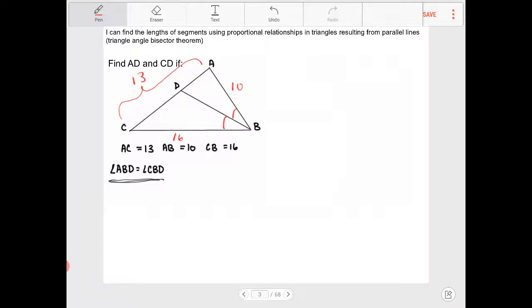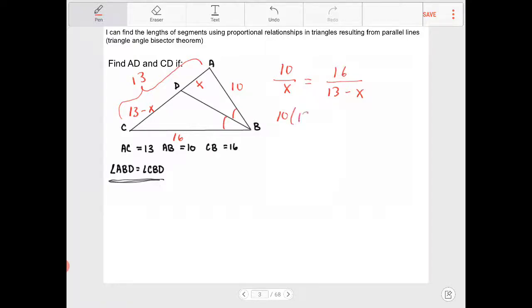According to the triangle-angle bisector theorem, I'm going to call this side length here, which I do not know, x. I'm going to call CD, the other side there, 13 minus x, because that's what it would be in terms of x, given that the entire length of AC is 13. So according to the theorem, I can say 10 over x will equal 16 over 13 minus x. All I have to do is cross multiply.